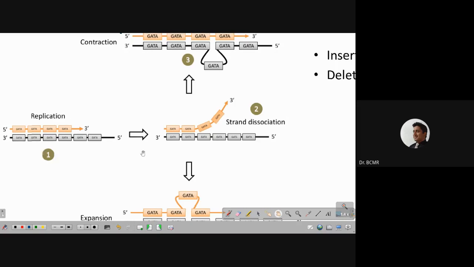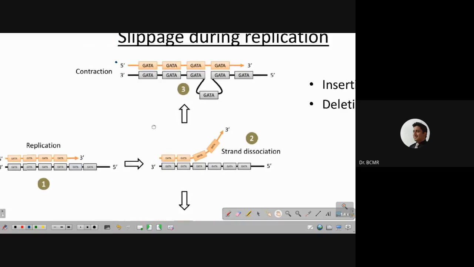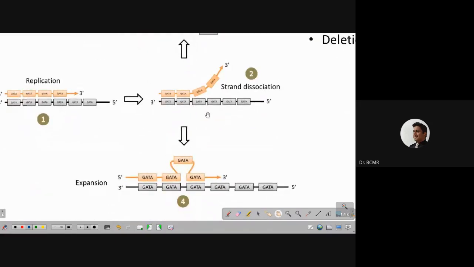But there are also situations where this GATA is complementary to this part and also complementary to this GATA. So it may base pair in like this, forming a loop, and then polymerization may occur, right?